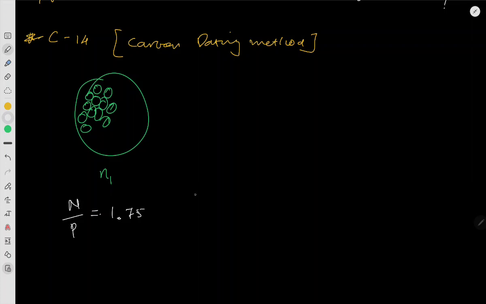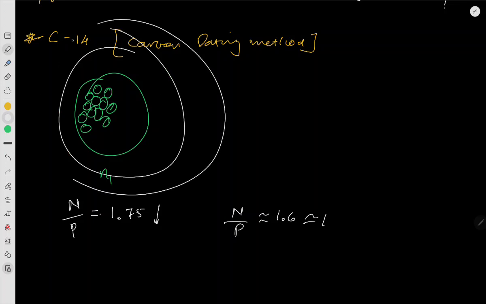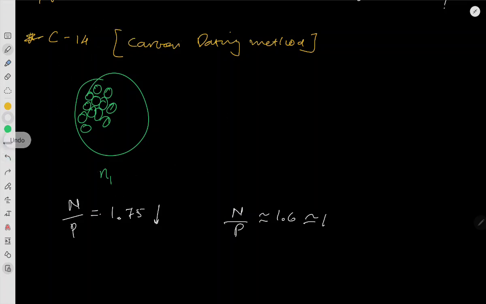So now what it will do is try to reduce this ratio by a process of decay such that its N by P ratio becomes nearly 1.6, because directly making it 1 would be impossible because it's a nucleus and there are other electrons in the shell that we have to consider too.